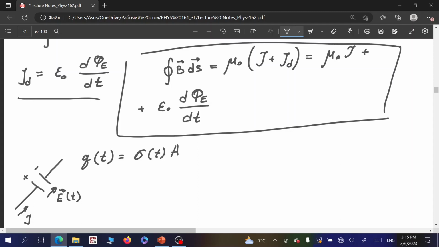So this varying electric field inside the capacitor can be considered as a source of magnetic field.